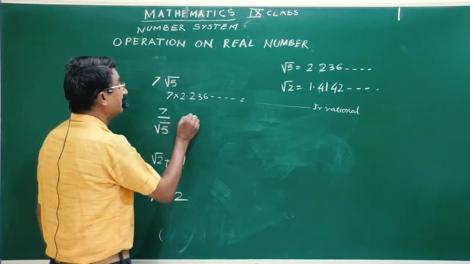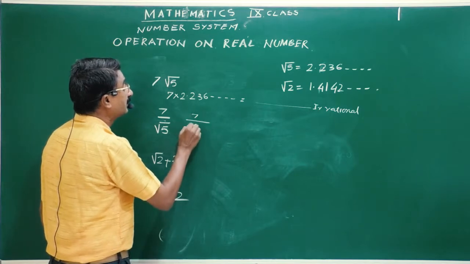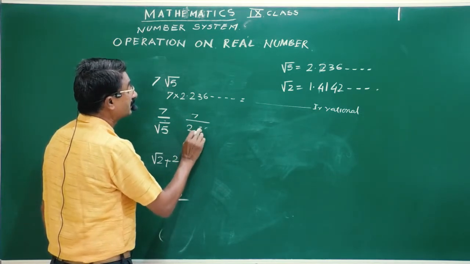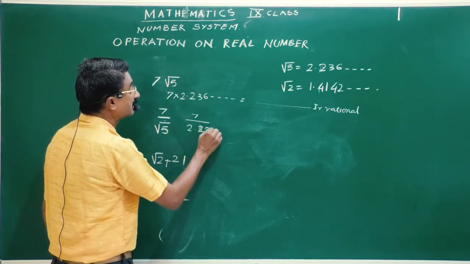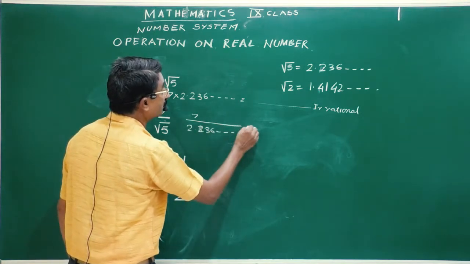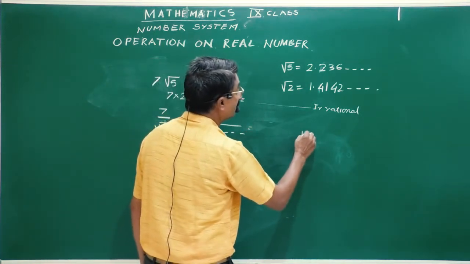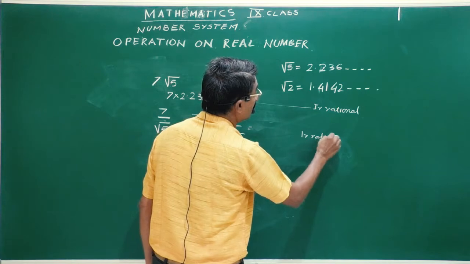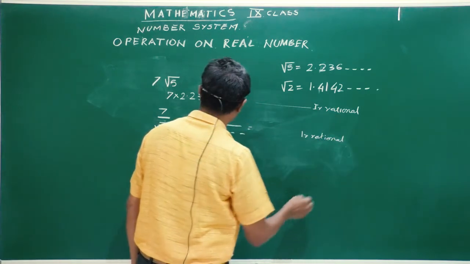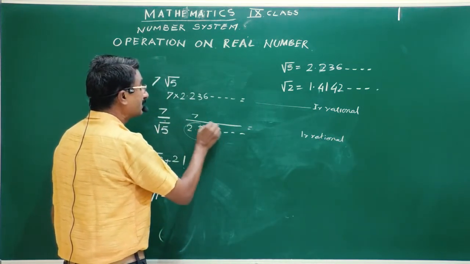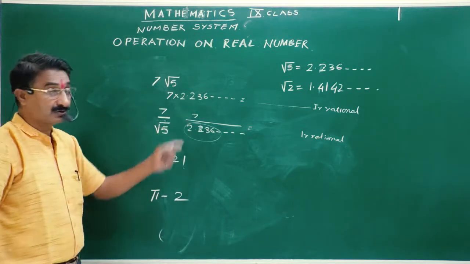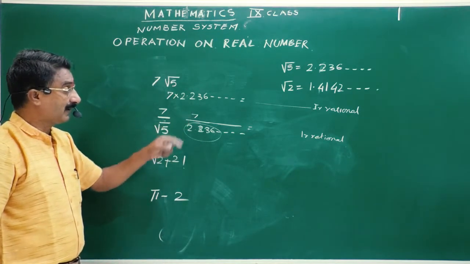Again, if it is 7 divided by 2.236 and so on, again you will get an irrational number, because you will not get it rationalized. This will not terminate, so you cannot complete the division.